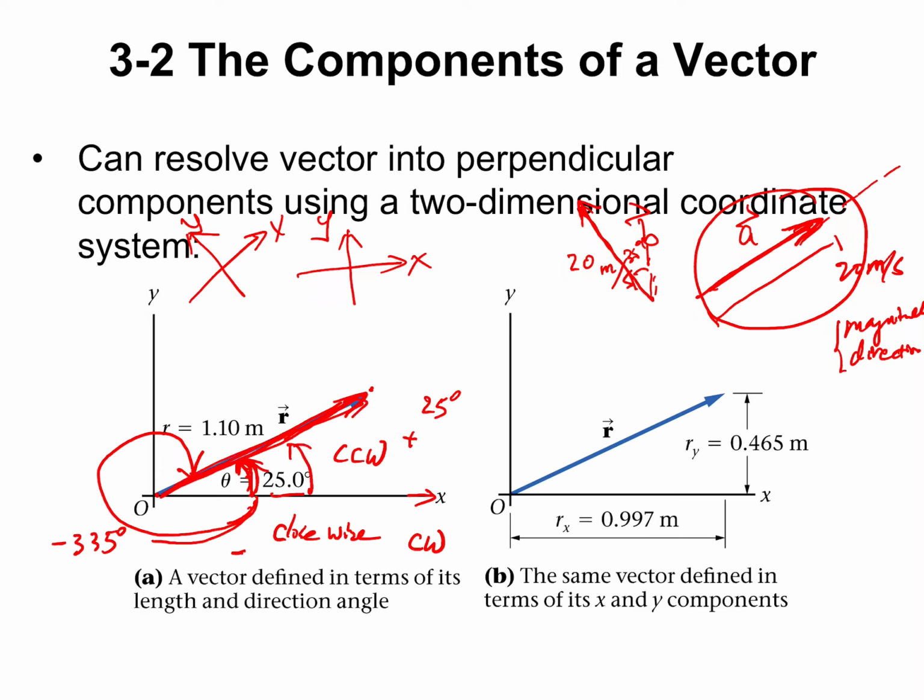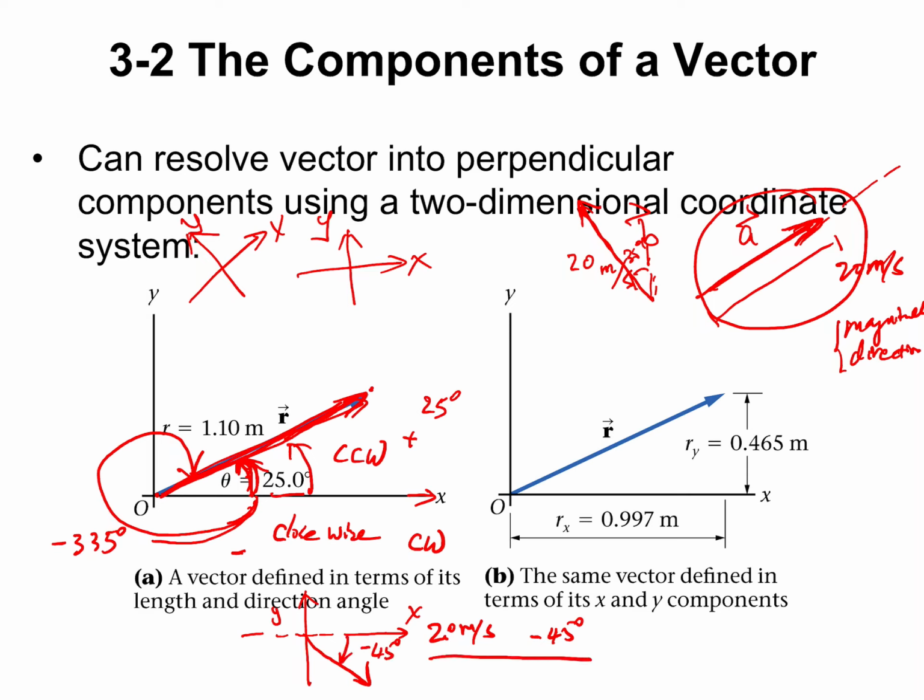So I give you another vector, which is 2.0 meter per second, and I give you negative 45 degrees. So what is the vector? It will be this vector. You build an x-axis, y-axis, and this is negative 45 degrees.